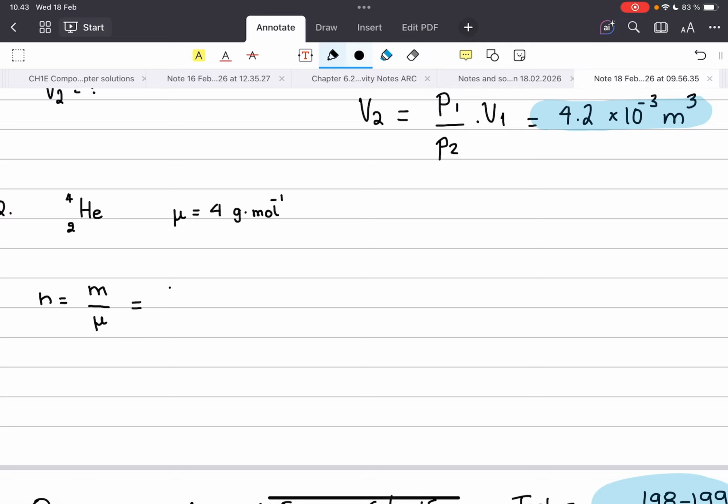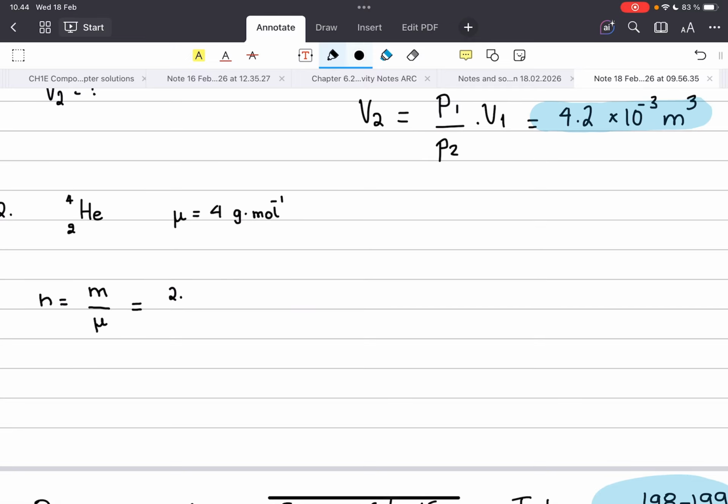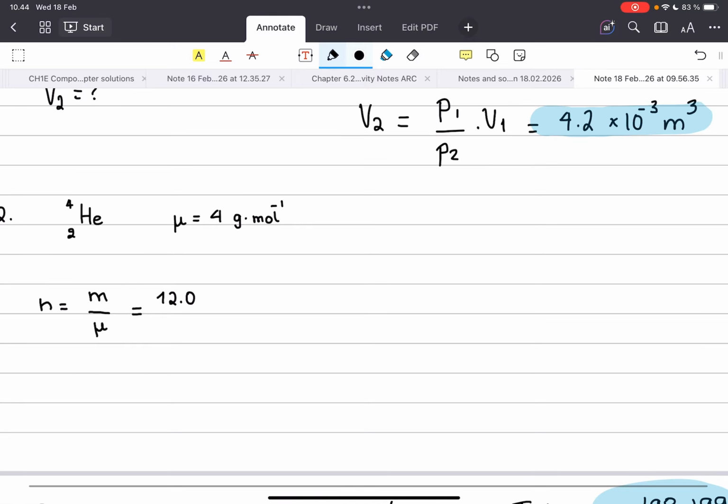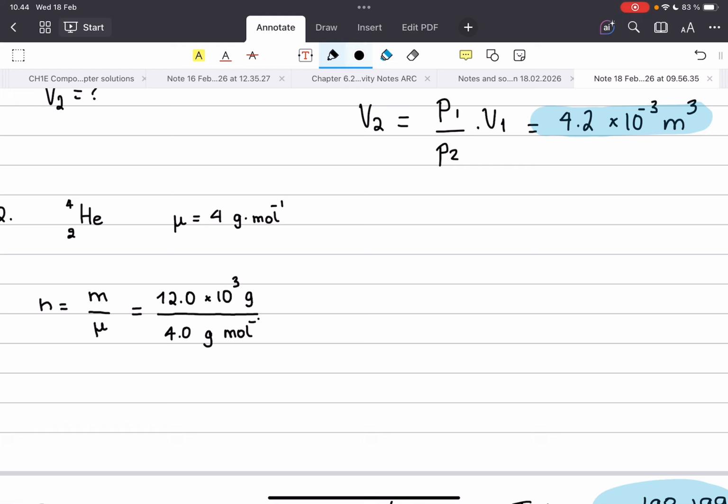And if you have 12 kilos of helium, so let me just write 12 times 10 to the power of 3 grams divided by 4 grams per mole, you can actually calculate that in total you will have 3 times 10 to the power of 3 moles. Alright, we know this is the number of moles.